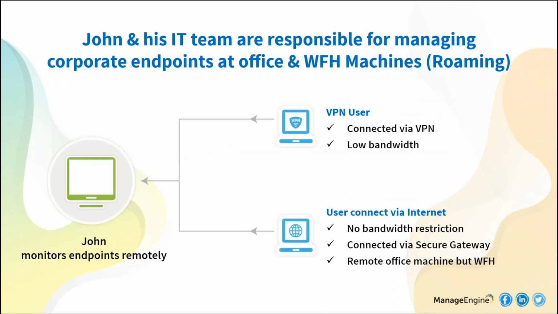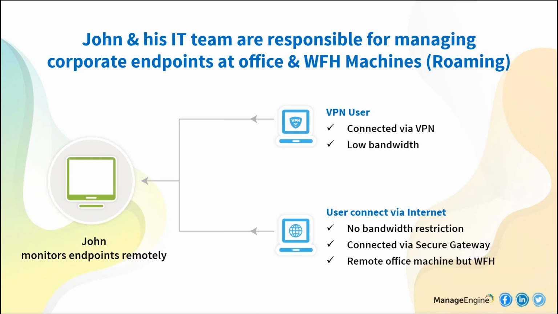But if they are connected over the internet, it is recommended to use Secure Gateway Server like we discussed in our previous slides. I would also like to inform you all that currently we're offering free licenses for Secure Gateway Server component for the first 30 days and will extend it on a case-by-case model.